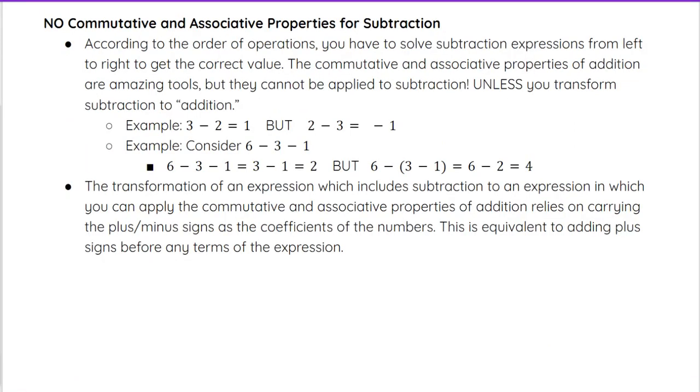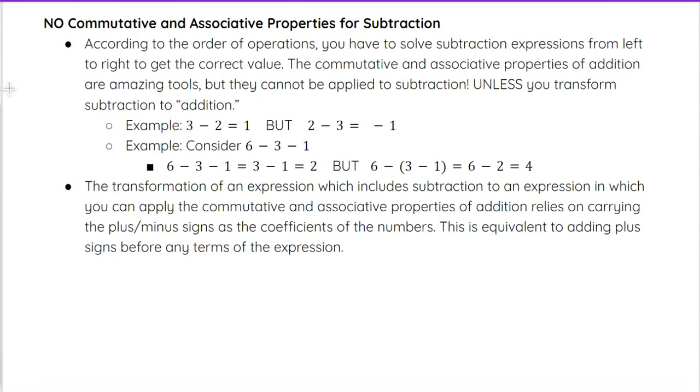So now we are going to look at commutative and associative properties for subtraction. Unfortunately, there actually is no commutative or associative property that works for subtraction like there was for addition. That's because the order of operations requires you to solve subtraction expressions from left to right to get the correct value.